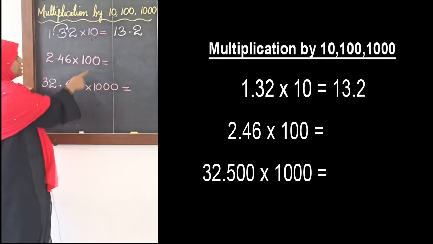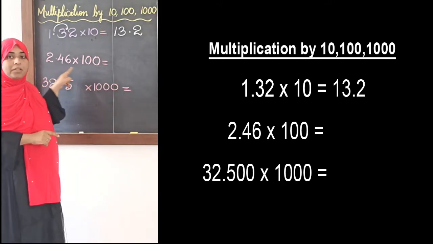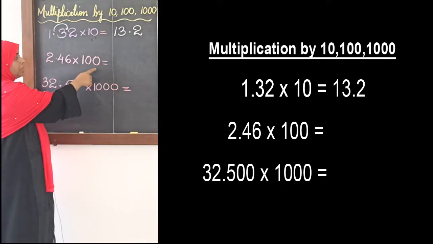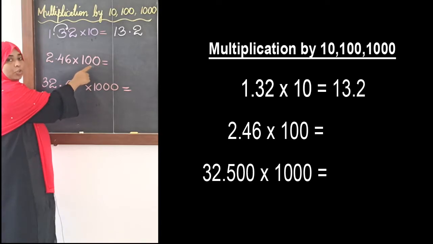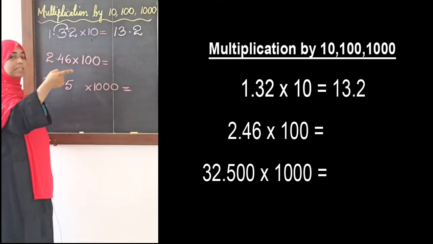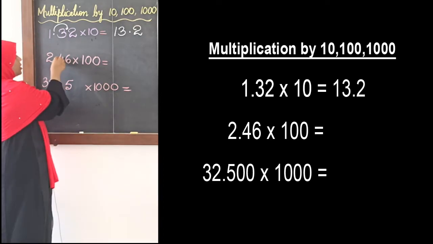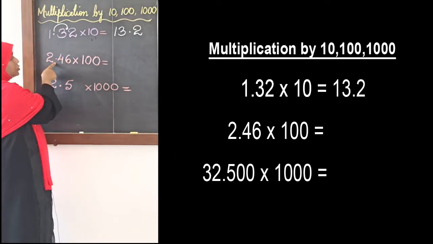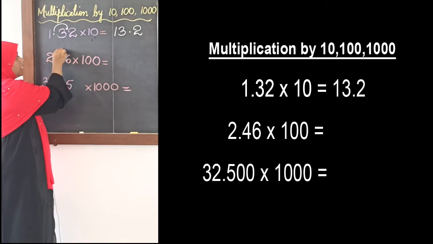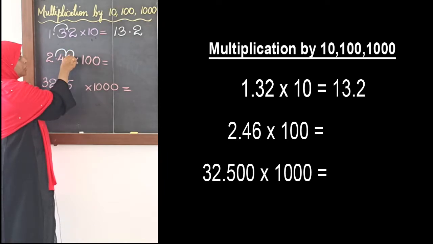Now, we will see the second example, 2.46 into 100. Now, 100 has 2 zeros over here. So, how many places will the point shift to the right side? 2 places. So, from here the point is after 2, and it will jump 2 places to the right side. 1 and 2. So, you see the point has come after 6.